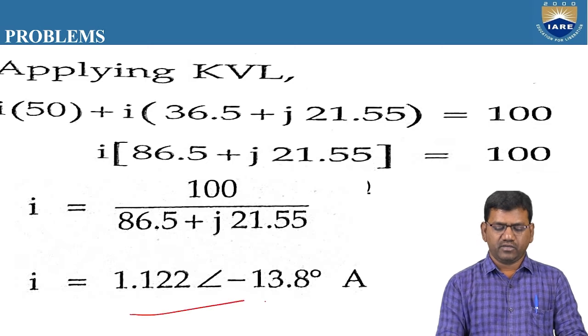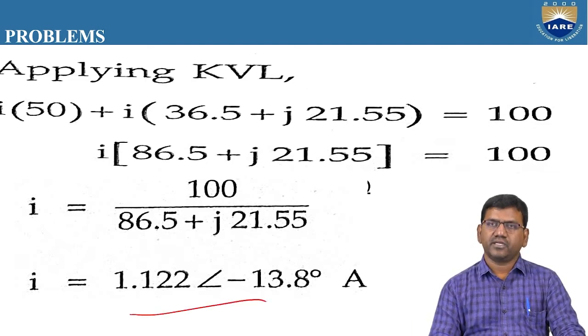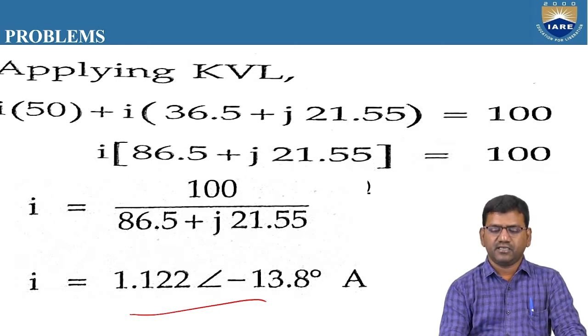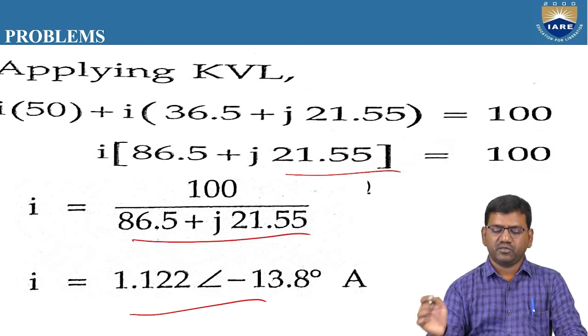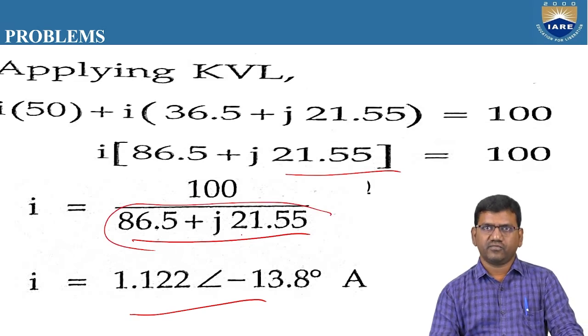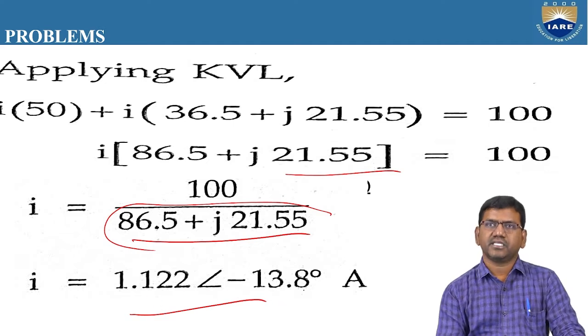So I is equal to 1.122 at an angle of minus 31.8 degrees amps you will get. Right? So this is in rectangular form, and you can convert this into polar form. If you convert this into polar form, you will get 1.122 at an angle of minus 13.8 degrees amps.